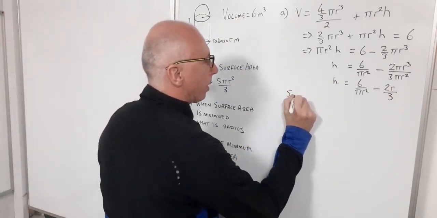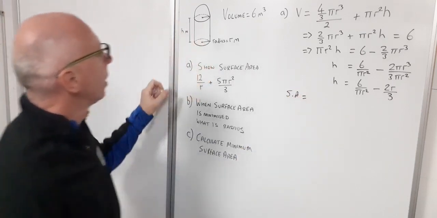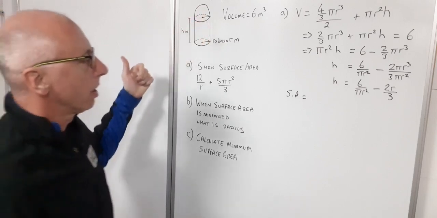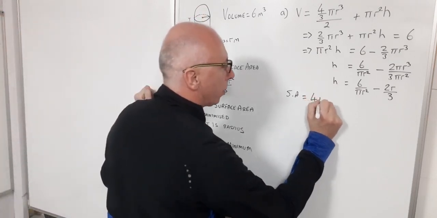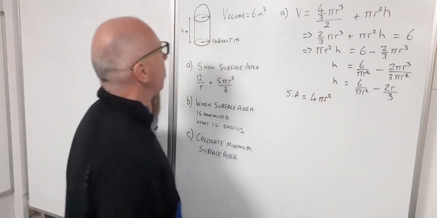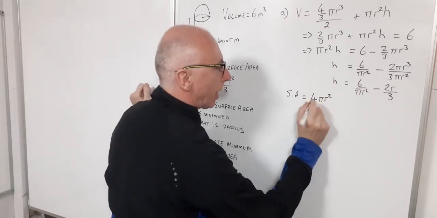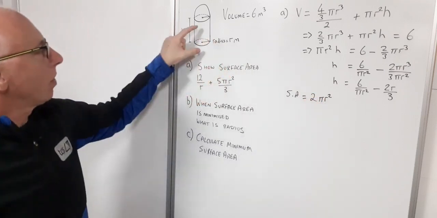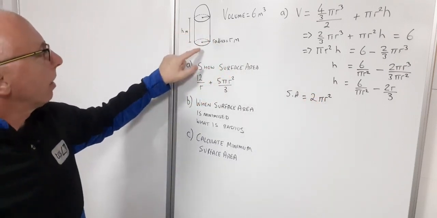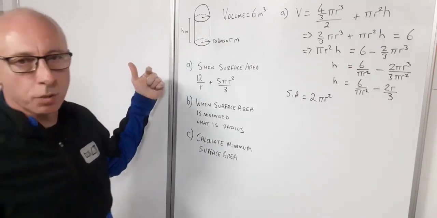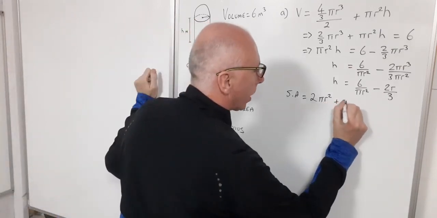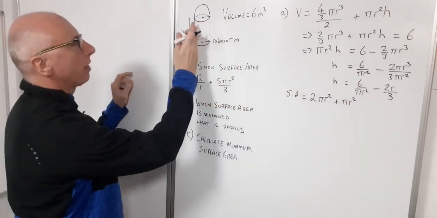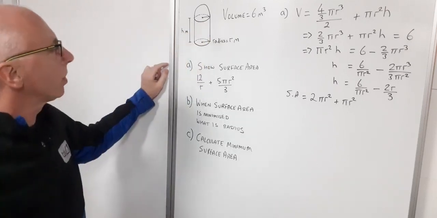So surface area of this, well, again, we've got half of a sphere. Surface area of a sphere is 4 pi r squared, but we've only got half of it. So we half that, so that will just become 2 pi r squared. Okay, now we've got this bit here. Now we've got a circle there, so that's just pi r squared. So that's plus pi r squared. And then we've got this bit here, the walls of the sides.